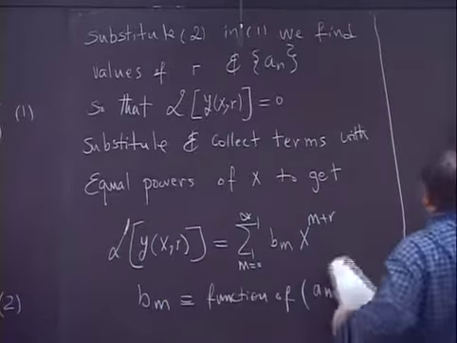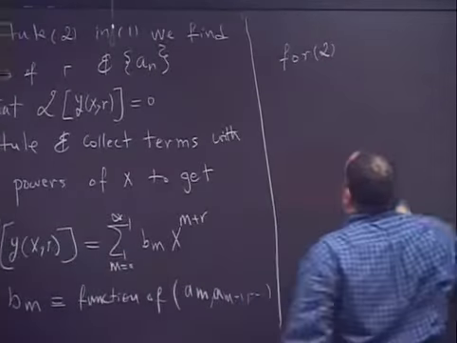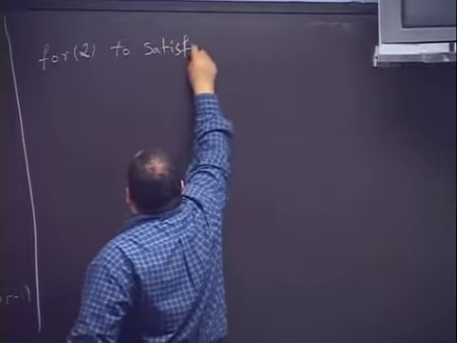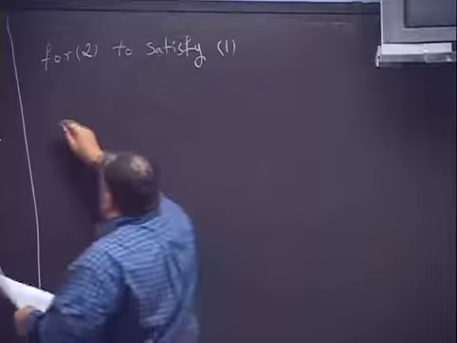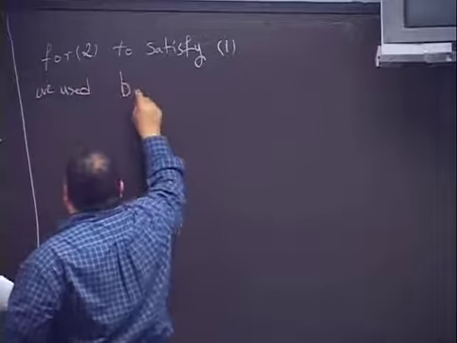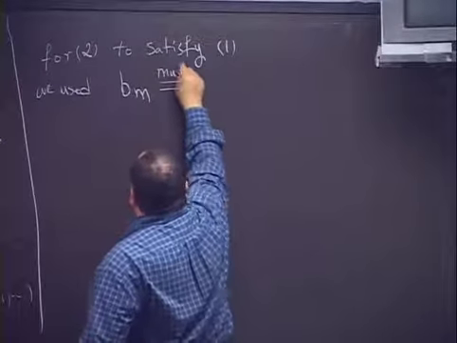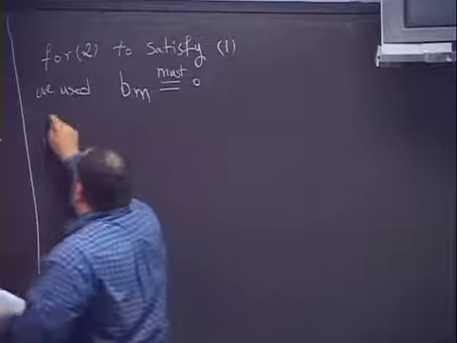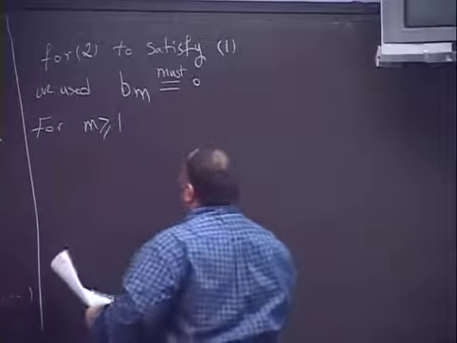For this expansion for y to satisfy equation 1, Bm must equal 0, and this is what we used to do for all m greater than or equal to 1.